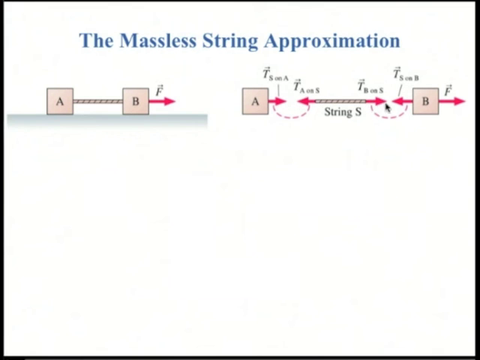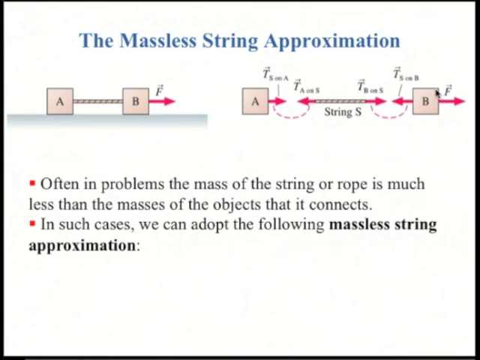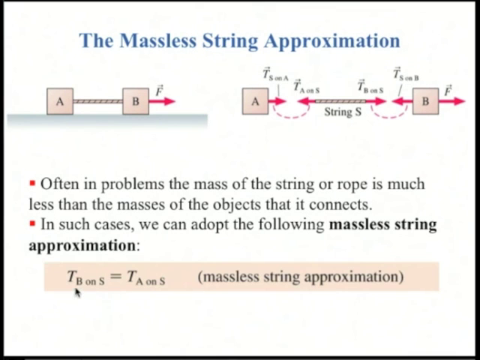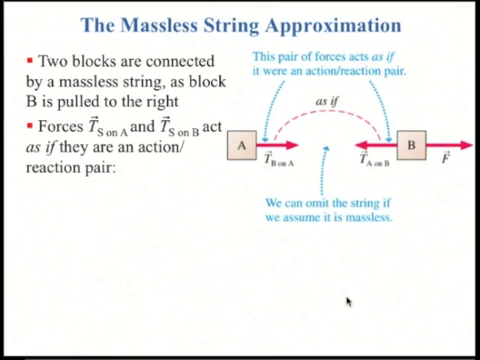And here's this tension of object B on the string, which is equal and opposite to the tension of the string on B. But if the string weighs much less than either of these objects, then these two will be equal. So this is called the massless string approximation. It means that the mass of the string or rope is much less than the masses of the objects that it connects. So we say that the tension of B on S is equal to the tension of A on S. And it acts as if these two forces are an action-reaction pair.